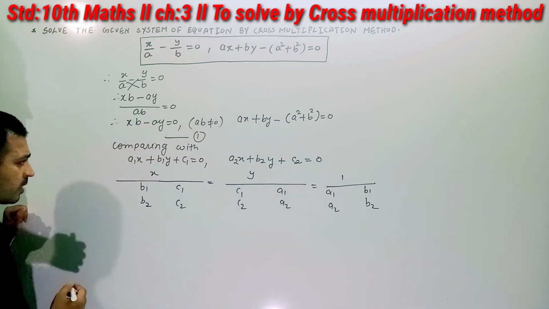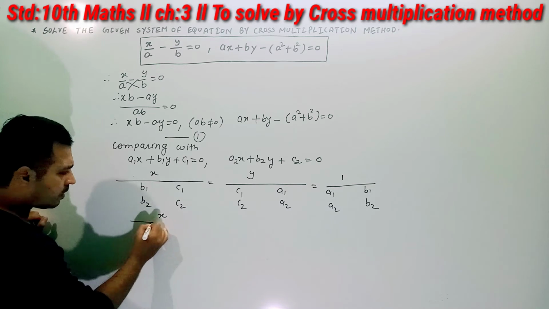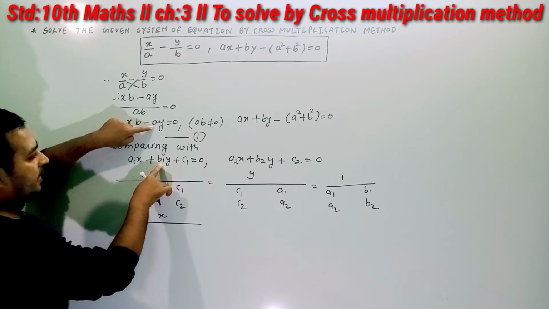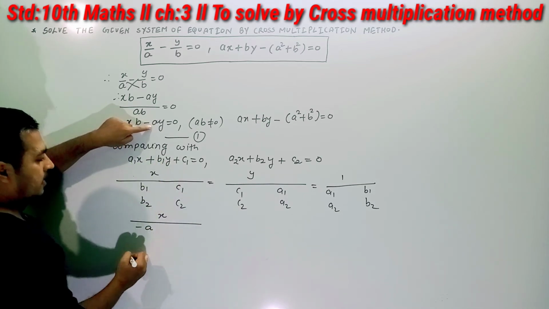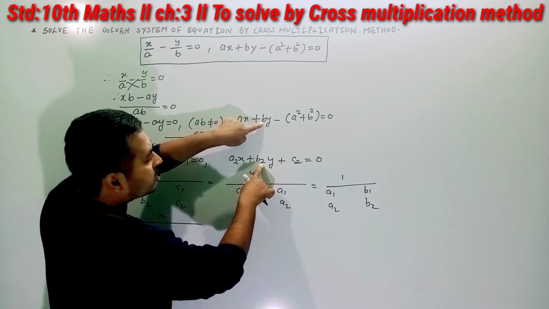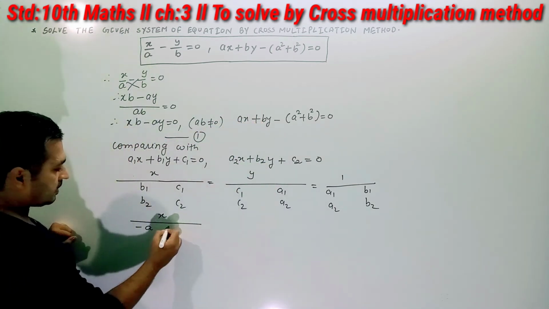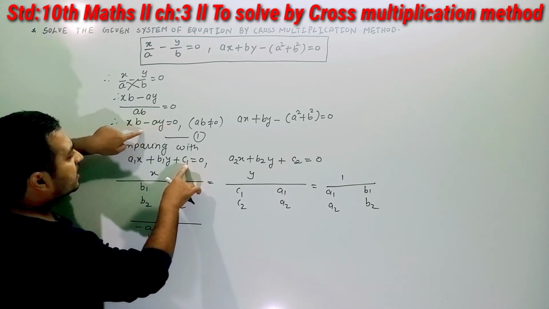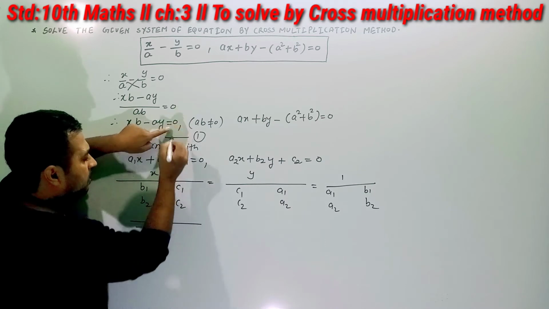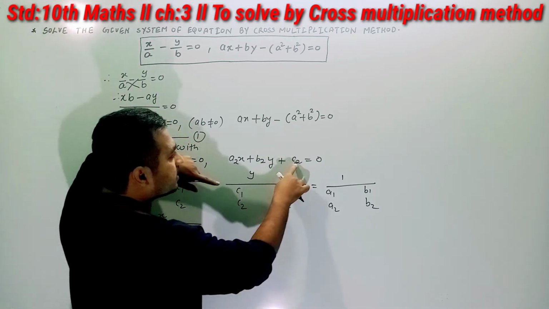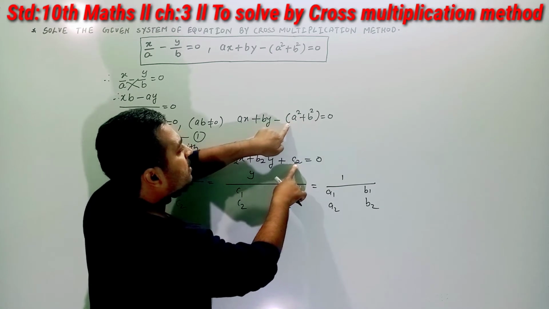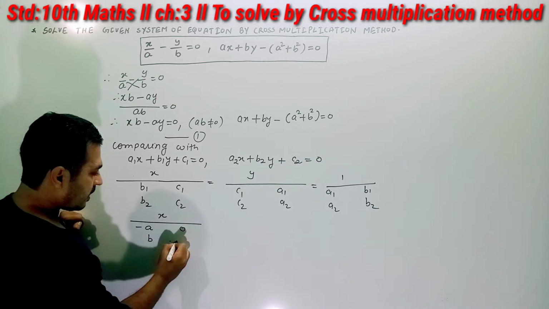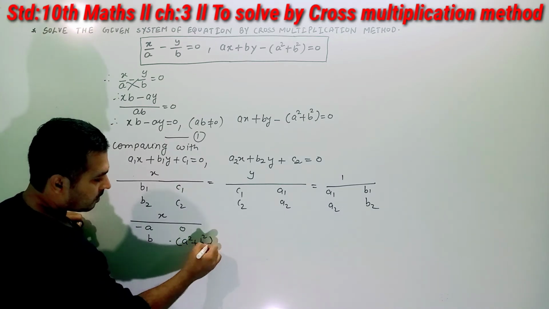So x upon the value of b1 b2. b1 is minus a and b2 is b. Then c1 c2: there is no constant term in the first equation, so c1 is 0, and c2 is minus (a square plus b square), so we can write a square plus b square.